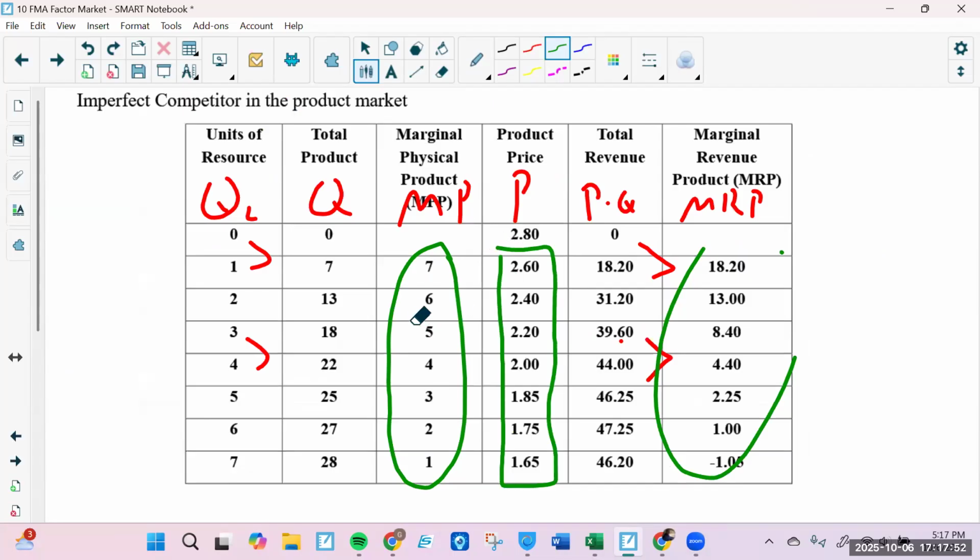So you've got the change in marginal product and the change in price, and that's what makes this MRP steeper. The change in price is what makes that MRP steeper. So it's a combination of the two that determines the slope of the marginal revenue product curve.